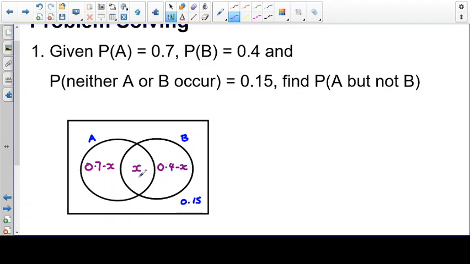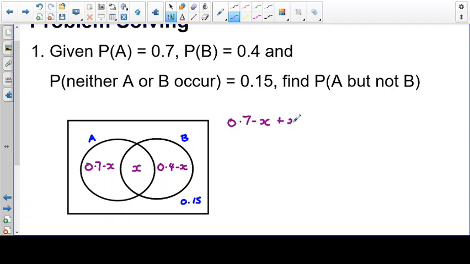Now we've got one unknown, so we need to form one equation. So we need to think about, what do we know about this? Well, we know that all of this together must equal 0.85 because this is the union. Okay, so we can use that to form an equation.